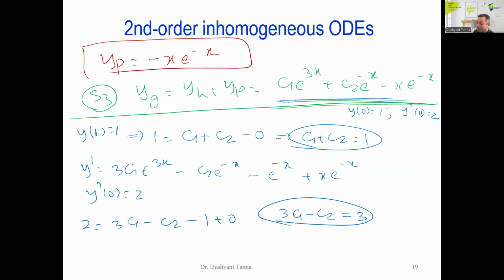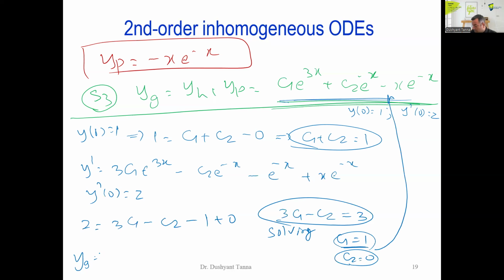You can solve it mentally or on a piece of paper, adding them. C2 goes, 4c1 is 4, right? After solving, you get your c1 as 1. If your c1 is 1, your c2 is 0. Got your c1 and c2, plug it back up here. That's your particular solution.